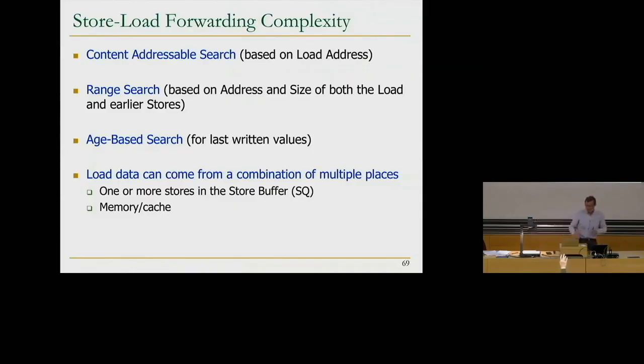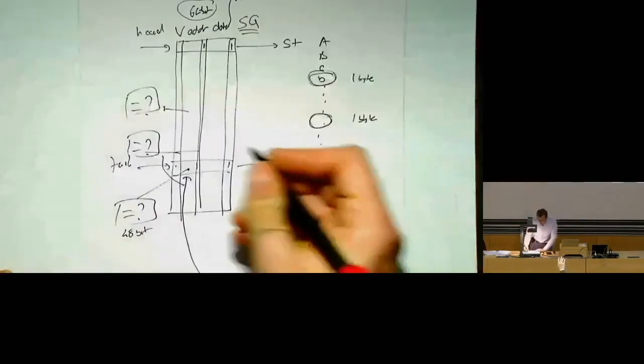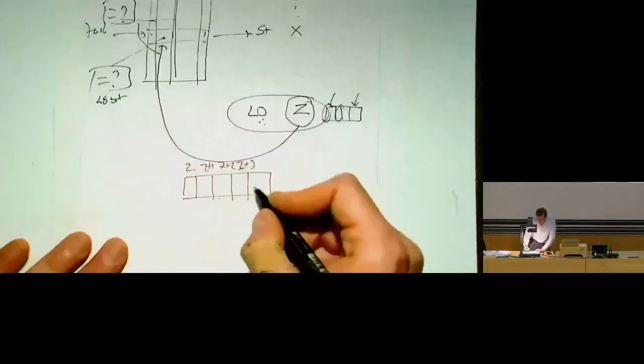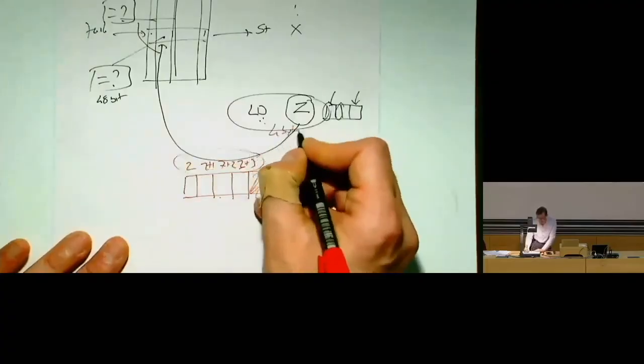Now, on top of this, load data, let me go back actually over here to the DocuCam. So you need to find the latest stores. So assuming that, let's say you're loading addresses Z, Z plus 1, Z plus 2, and Z plus 3. Oh, you cannot see it? Okay, sorry. So basically, you want to access addresses Z, Z plus 1, because it's a 4-byte load.